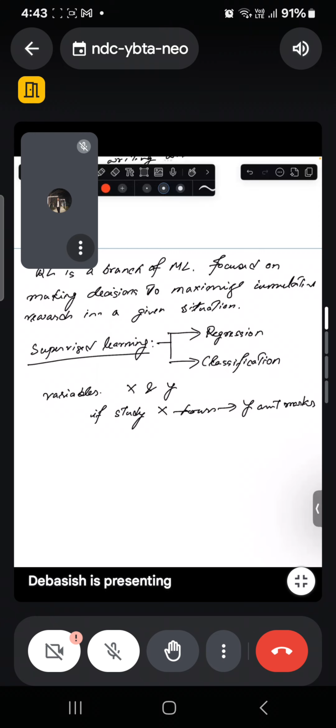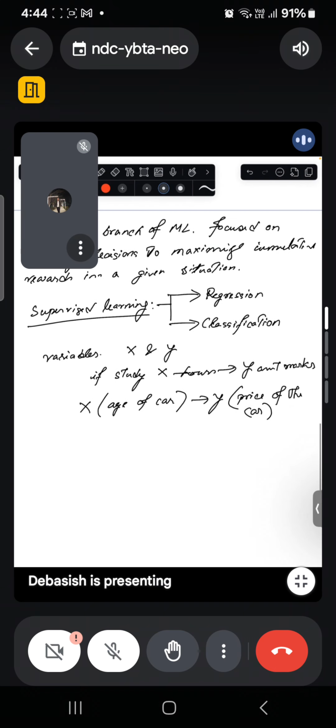Or if you don't want that example, let's say x is the age of a car, and y is the price of the car. So here there are two variables, x and y.